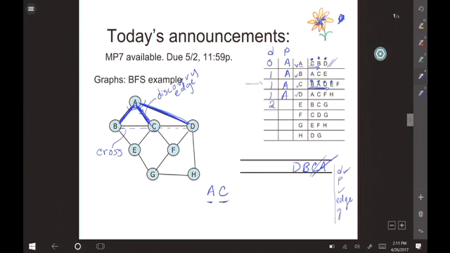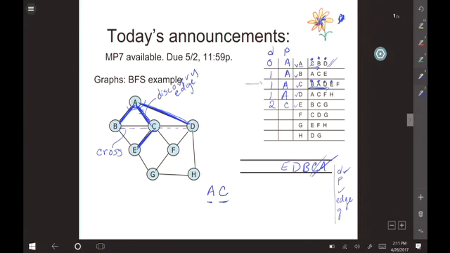E's predecessor is C. We mark it as visited and we mark the edge between them as discovered and we put E on the Q. Boy, that's a lot. Okay, ready? So we're done with E, and now we move to F.